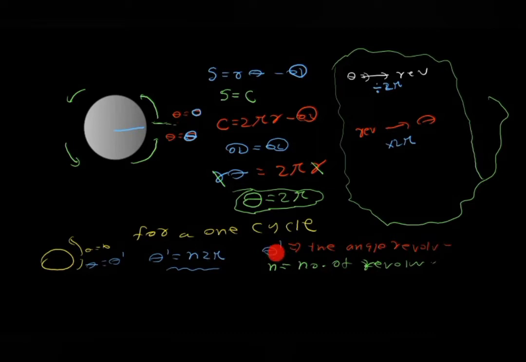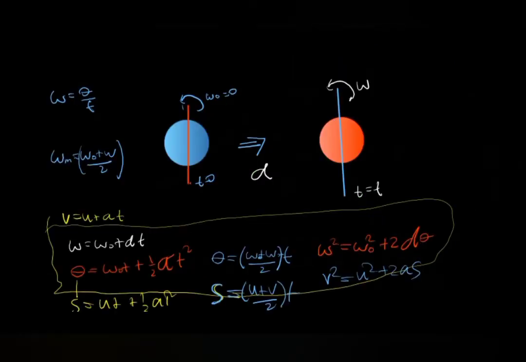So you can convert theta to revolutions by dividing by 2 pi, and revolutions to theta by multiplying the number of revolutions by 2 pi, because each cycle has 2 pi. Now let's go back to the previous one.